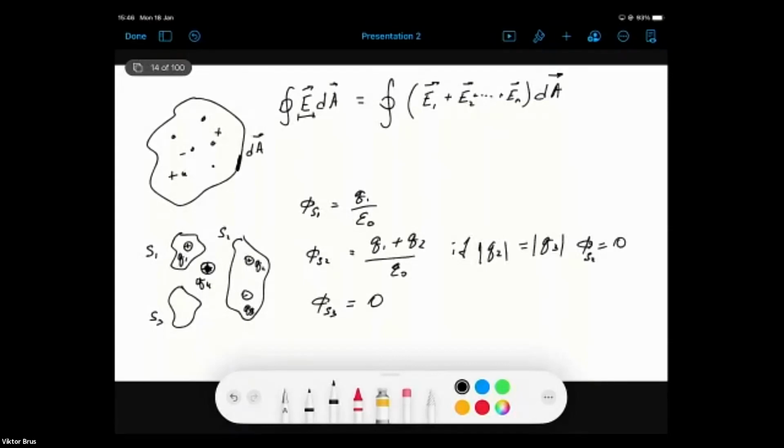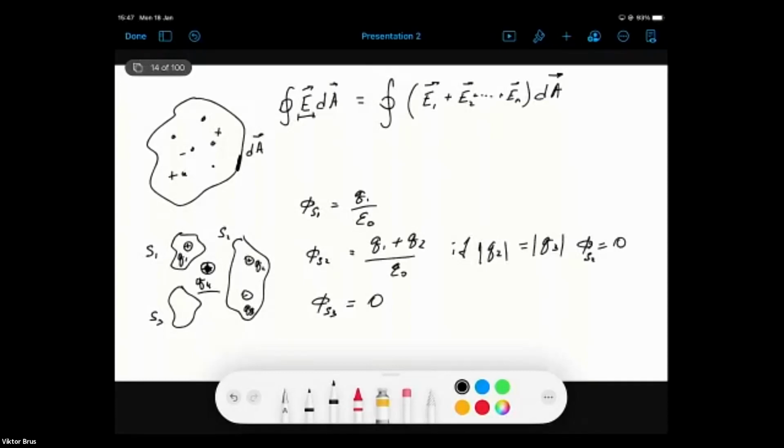And as we have shown before, if we have electric charge which is located outside a closed surface, it doesn't create any electric field flux. So charge Q4 will not create any electric field flux.